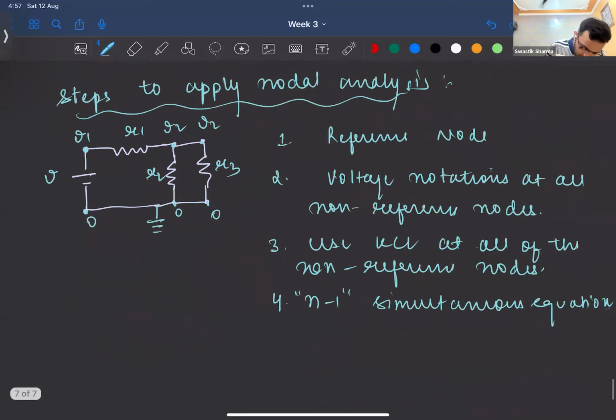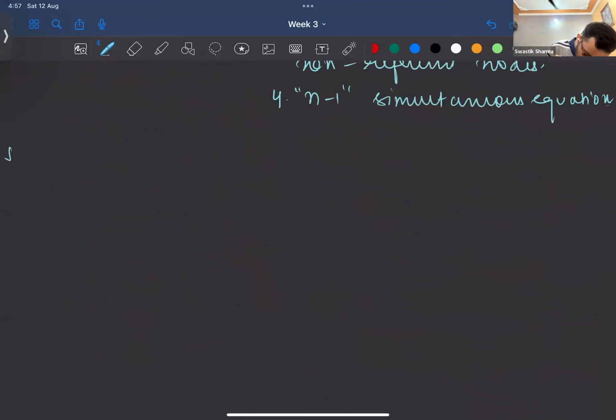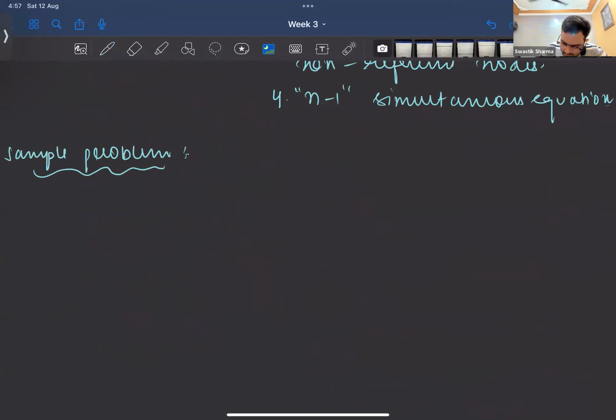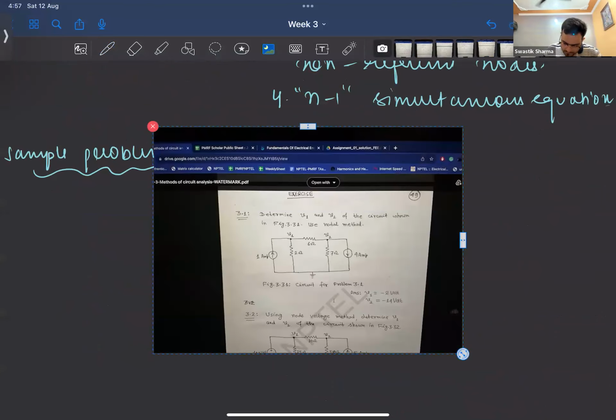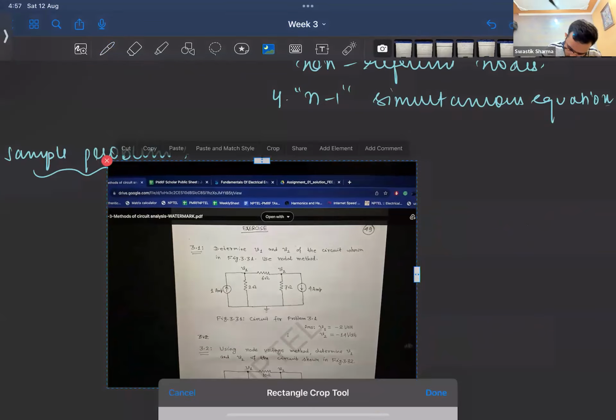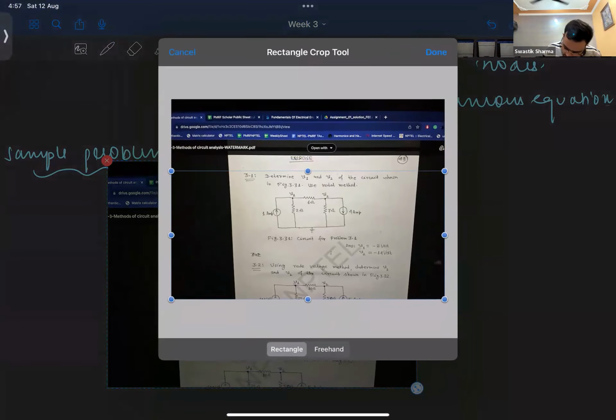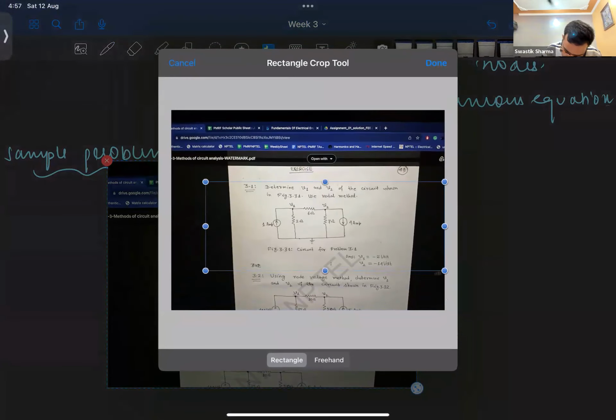So let's solve one question. Sample problem. First we'll look at only current sources connected on the branches of the nodes. So let's look at this question. This is given in the exercise, so we can use that too.